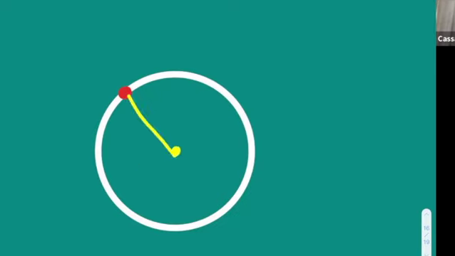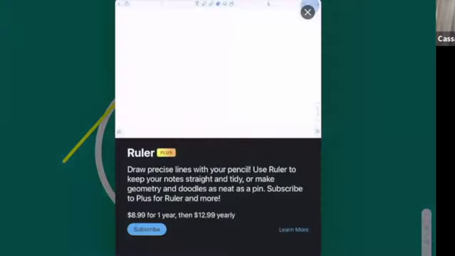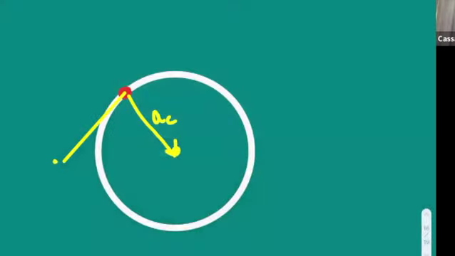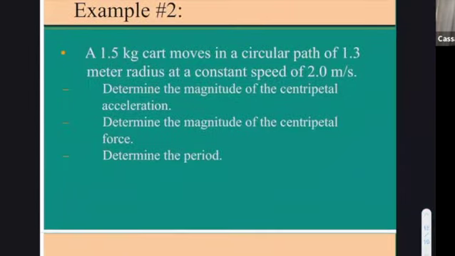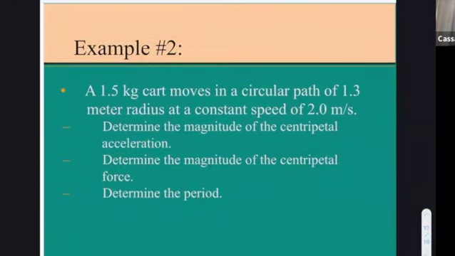So we have acceleration going towards the center, and we call this A sub c. And then our velocity is tangent to the circle. So if this force is removed at this instant, the object will continue along a path like that. Cool.